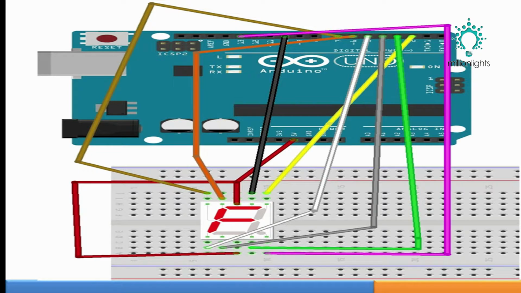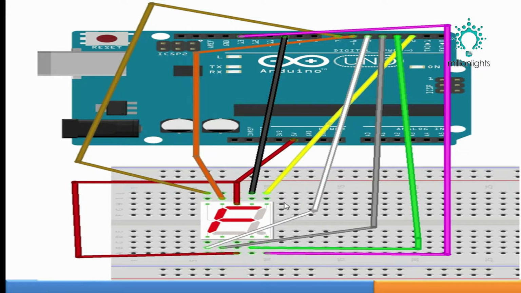Then the 4th pin is connected to D, and D is the second pin at the bottom. Then 5th pin is connected to the first pin of the bottom. So 5th pin corresponds to E. Then we have got F and G. Now the 6th pin is connected here, and then the 7th pin goes here.